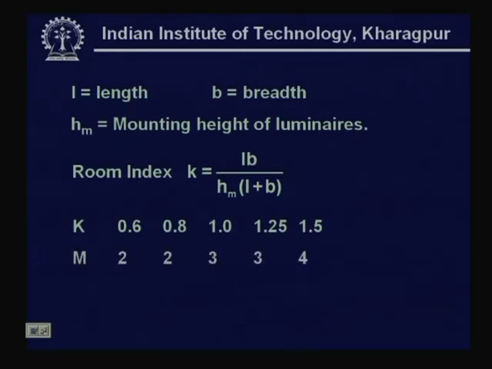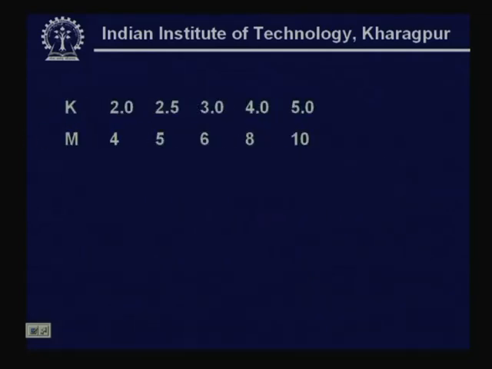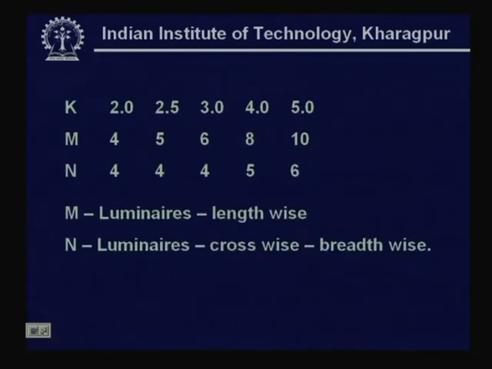Once we have this, we can see in a rectangular arrangement where one could have a certain number of rows and a certain number of columns. It is here we have set M and N, that is lengthwise and breadthwise, and we are going to place the luminaires.